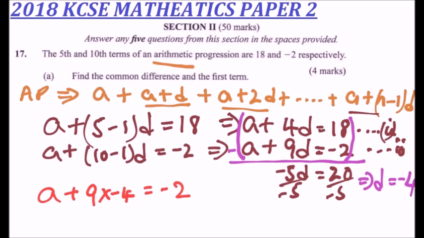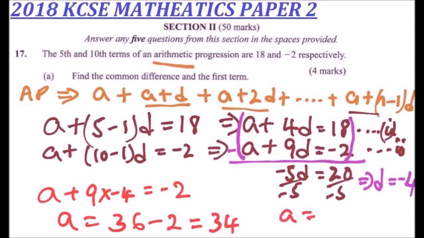Take it to the other side, the sign will change, so a is equal to 36 minus 2, which is 34. So our a is equal to 34, our d is equal to minus 4, and with that you earn yourself 4 marks.